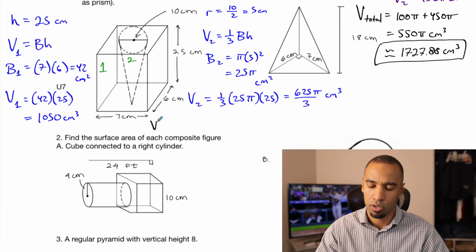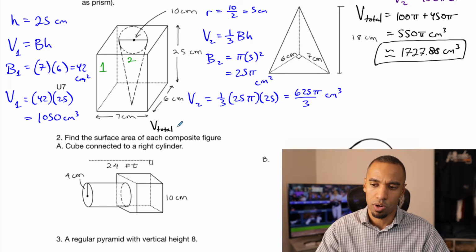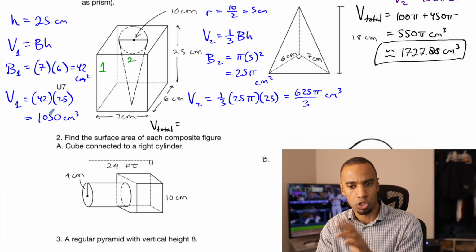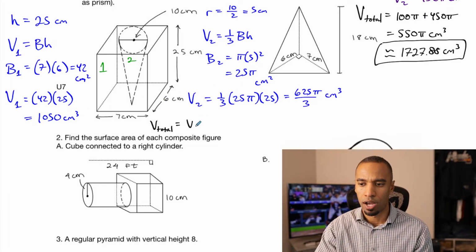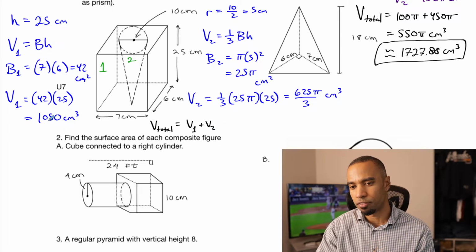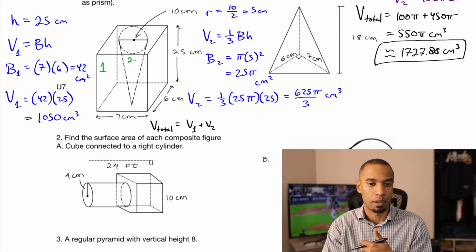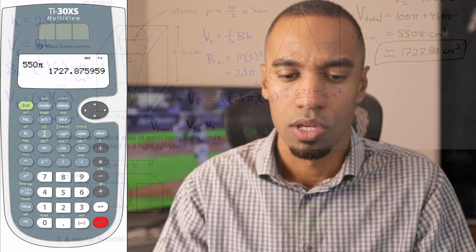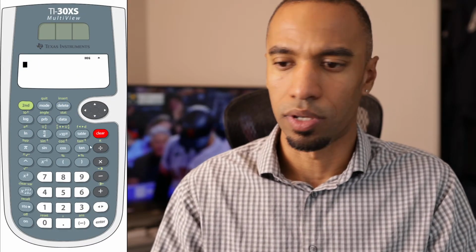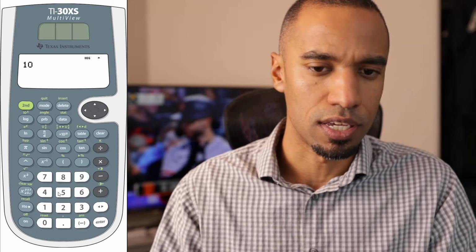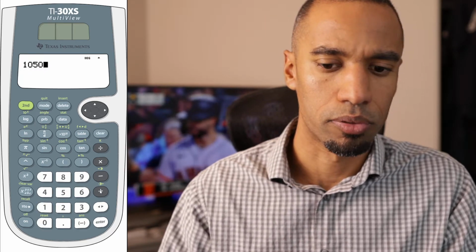But the volume of the total, I'm going to add those two up. I'm going to use the calculator straight up for it. But volume 1, I'm just going to put volume 1 plus volume 2. So I'm going to do 1050 plus 625 pi over 3. At that point, we're going to get some rounding in. So here we go. We got 1050 plus 625 pi.